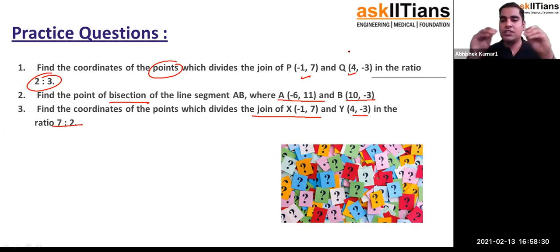Internal means the point which is dividing the line joining two points lies between them. Then we did external division, where the point which is dividing the line joining the two points lies on the extended part. Thereafter we discussed the midpoint formula, which is a special case of the section formula where the two ratios under consideration have the same value. That means m and n both are the same. So that was the midpoint formula.